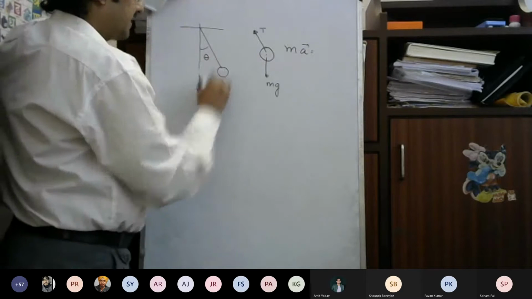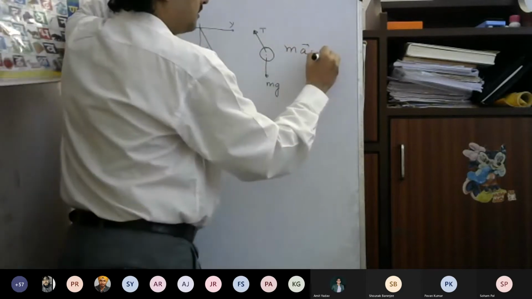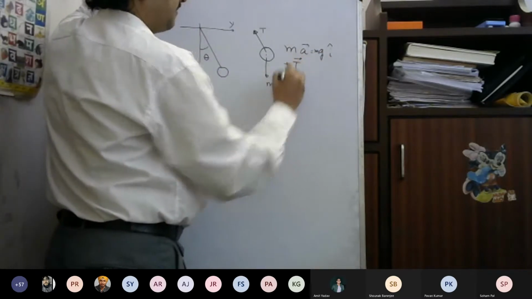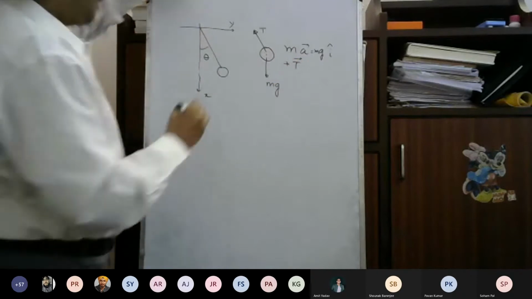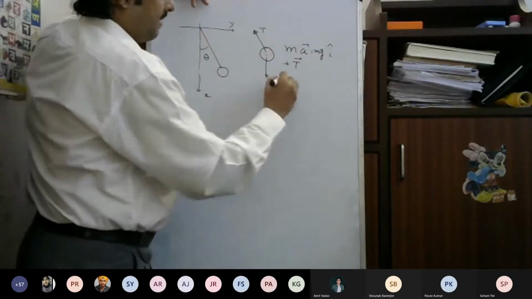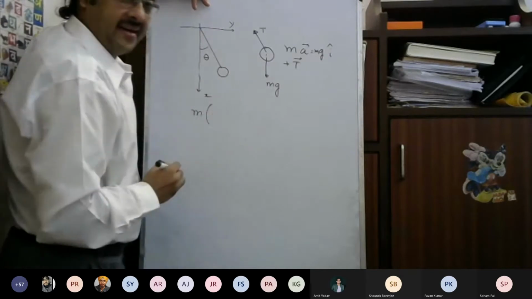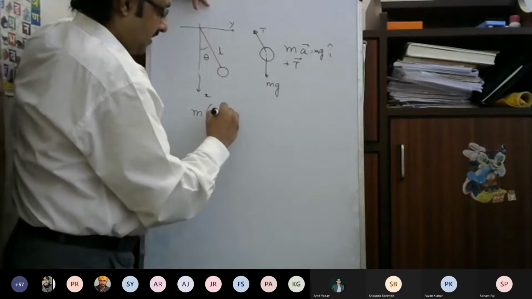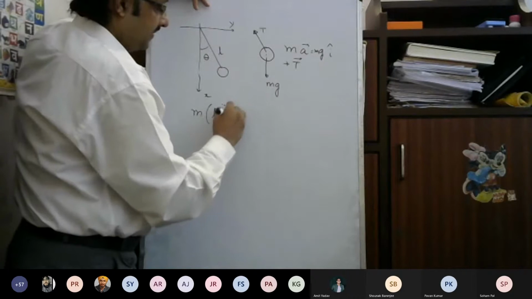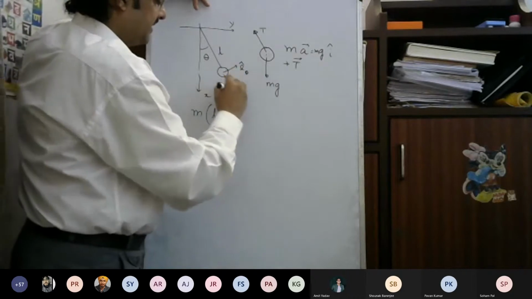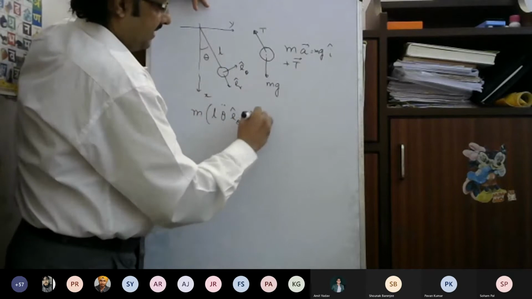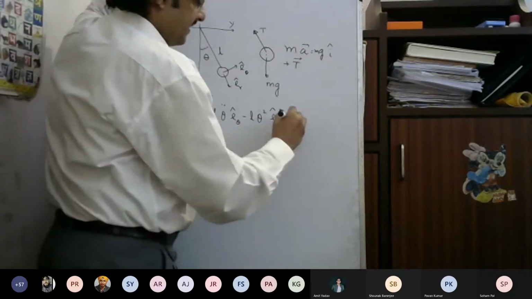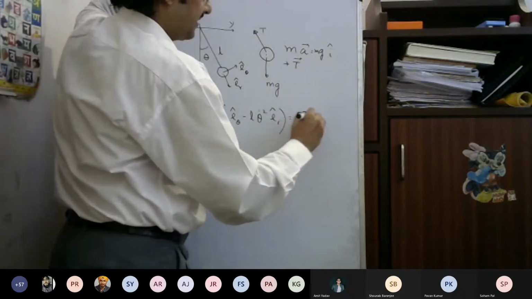If we consider this x and y coordinate, then this will be equal to mg i, and this minus this plus T. So if you expand, m times a is nothing but L theta double dot e theta, where this is e theta and this is e r, minus L theta dot square e r. This is the acceleration.